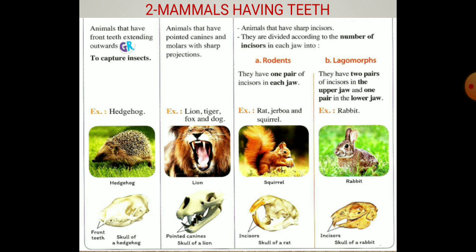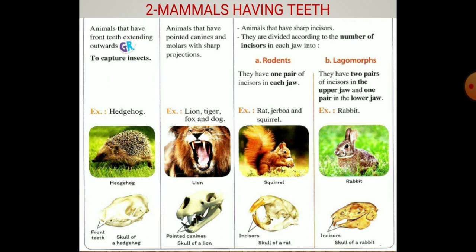that have front teeth extending outward to capture insects. Number 2, animals that have pointed canines and molars with sharp projections, such as the lion, tiger, fox, and dogs. And third, animals that have sharp incisors.